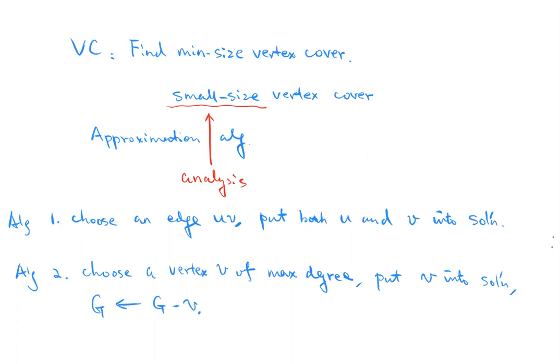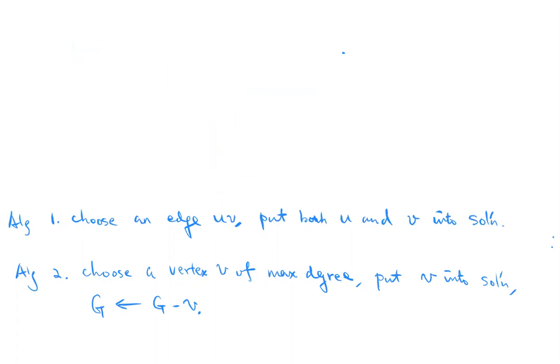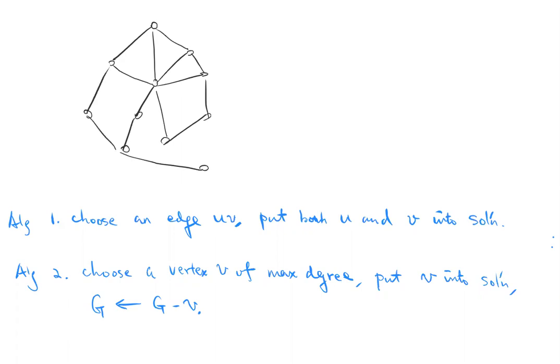Both are very, very quick. Let me show you how it works. For example, for this graph, algorithm 1 just arbitrarily picks an edge. Suppose I pick this edge. What we do is put both vertices into the vertex cover.